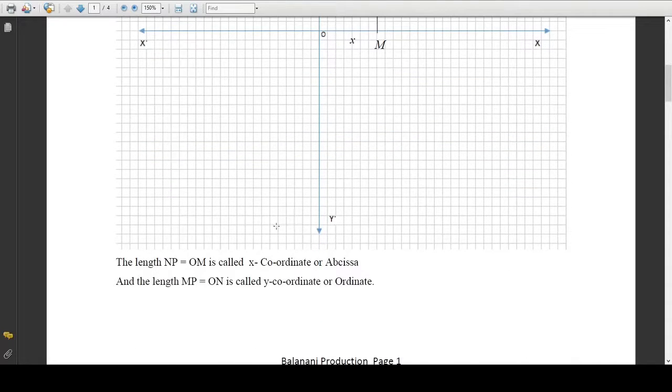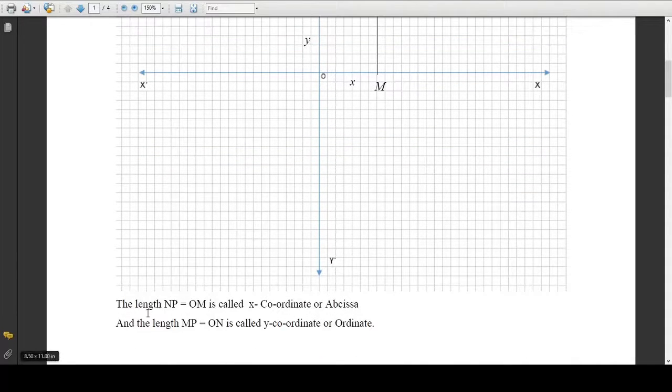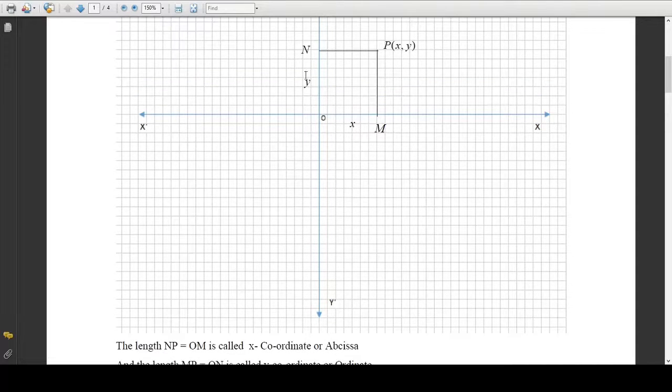Next, in this graph, the length NP, which is equal to OM, is called the x coordinate or abscissa.